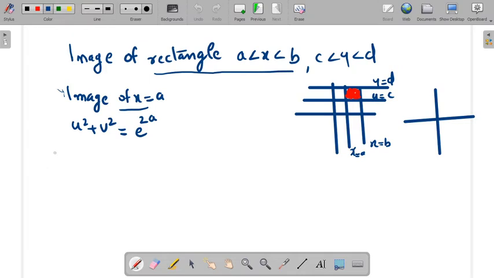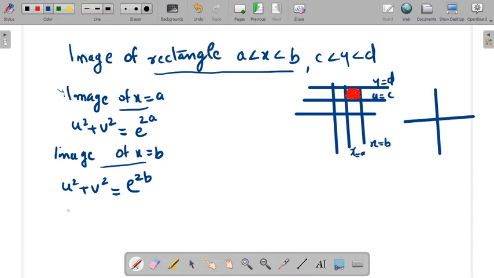Then write the image of x is equal to b, the other bounding curve. So x is equal to b എടുക്കുമ്പോൾ we get the image as u square plus v square equal to e raised to 2b, right?